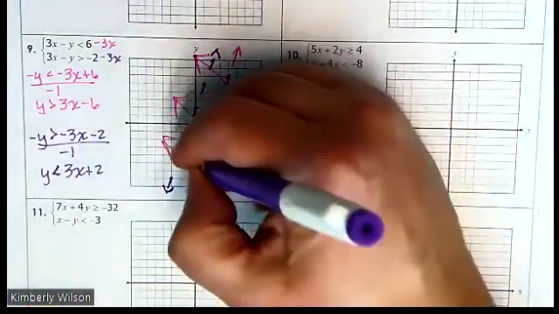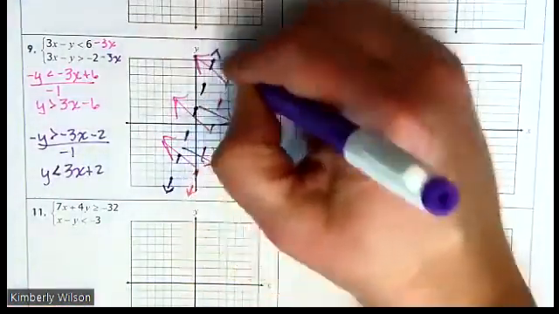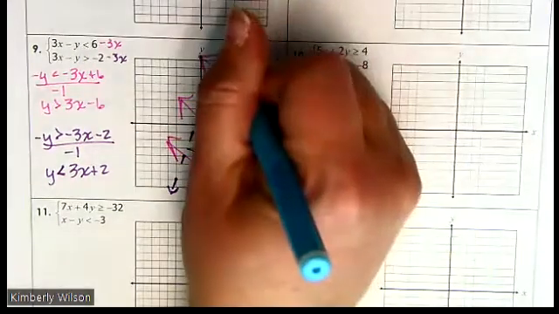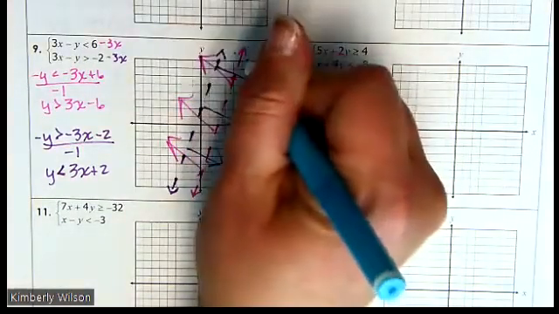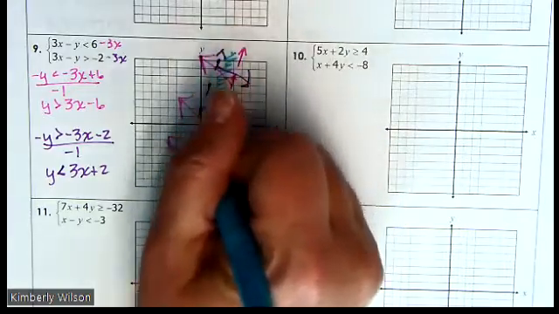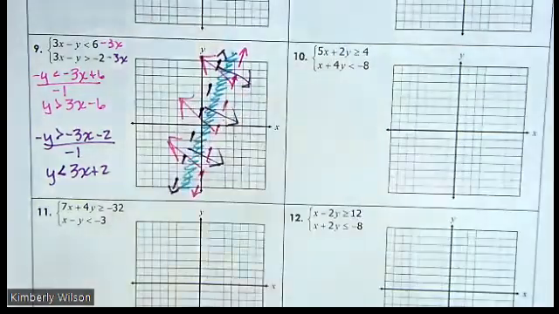So this is less than, so therefore I'm shading in this direction. Well, I've got to look to see what's the overlap. The overlap is everything in the middle.